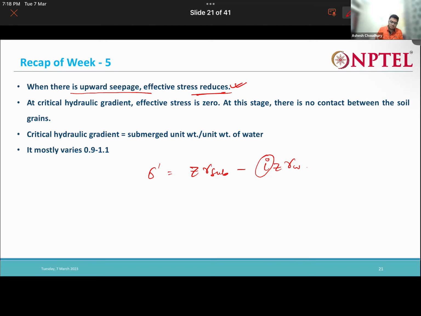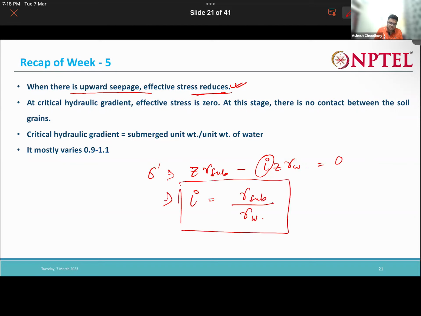This is my critical point. If I equate this to zero, I get i equal to gamma submerged by gamma W. This is the expression for the critical hydraulic gradient.